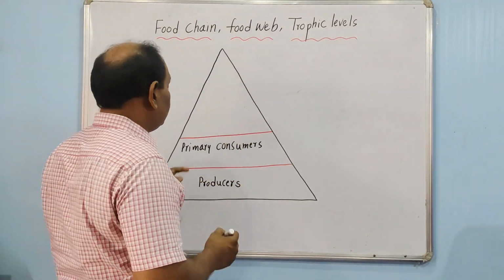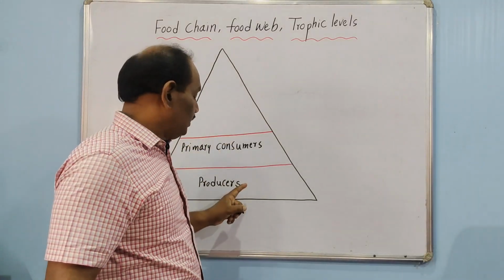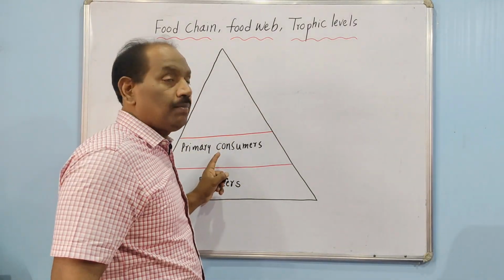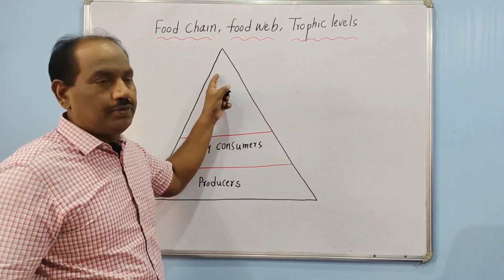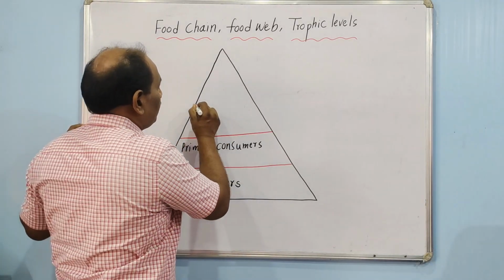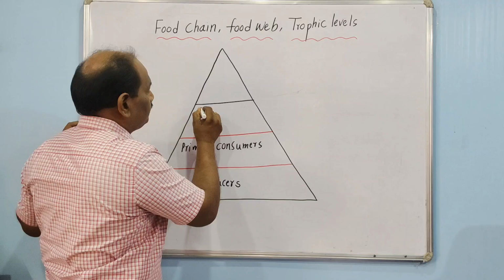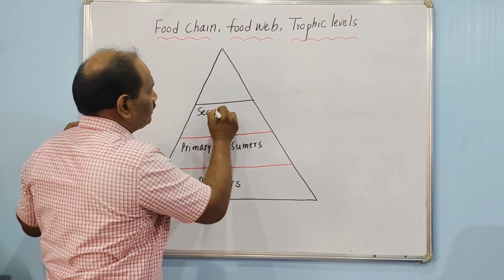So this is producers, herbivores. I want to write carnivores, secondary consumers.